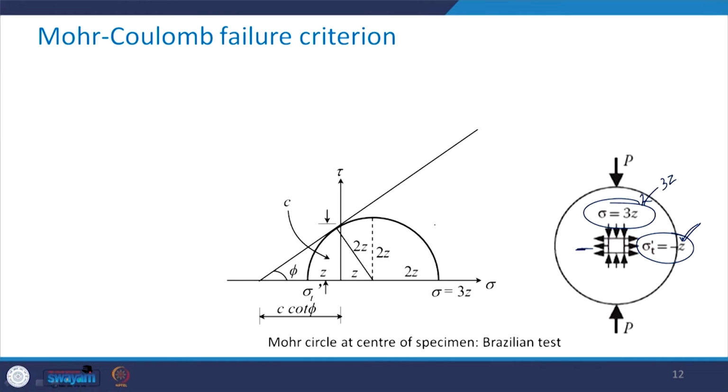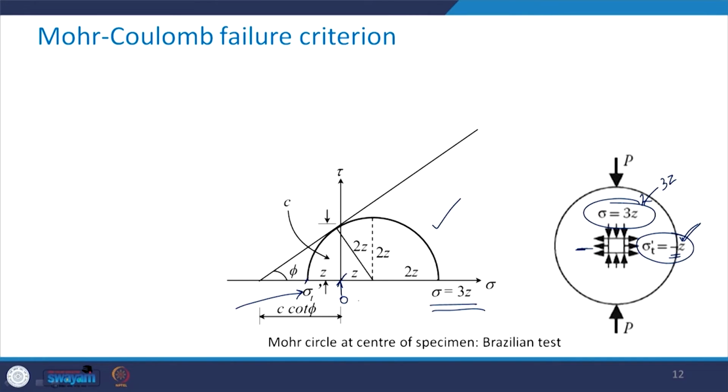Now look at this Mohr circle. Sigma 1 here is 3Z and sigma 3 is going to be minus Z. So this is the origin 0, and here you have sigma t prime, which is minus Z. So from 0 this is minus Z, which has been taken here. Now from this to this, what is the total distance?